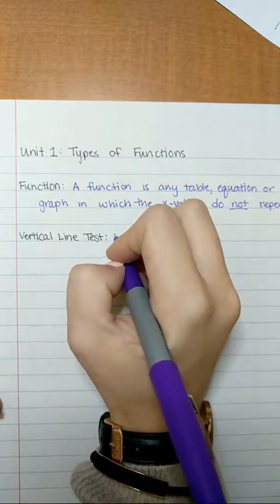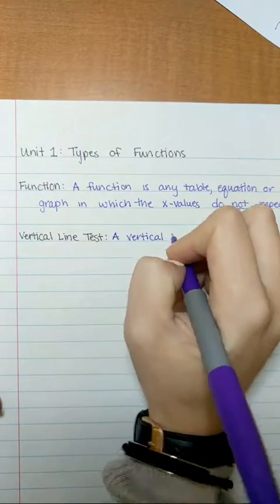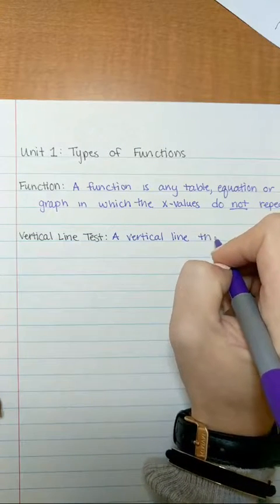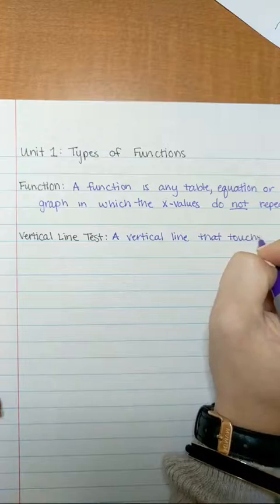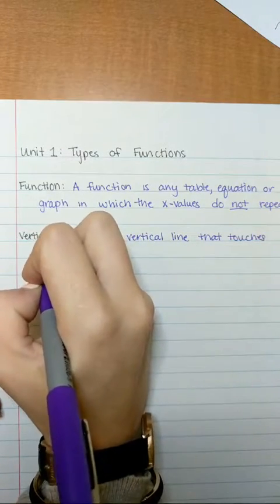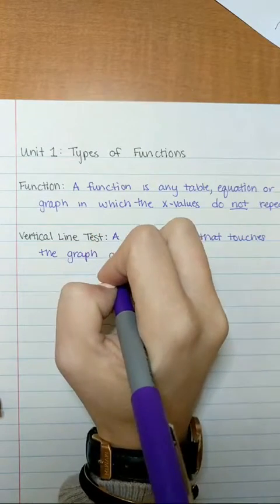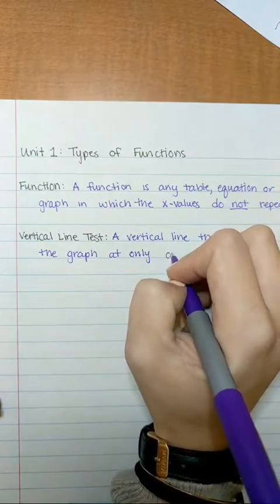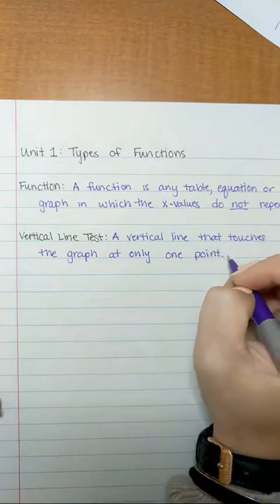So the vertical line test is a vertical line that touches the graph at only one point ever.